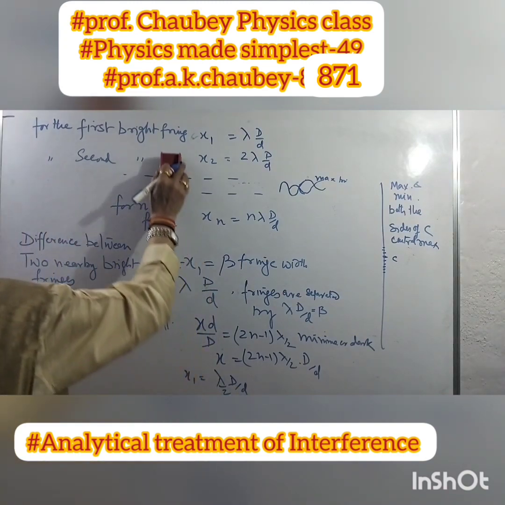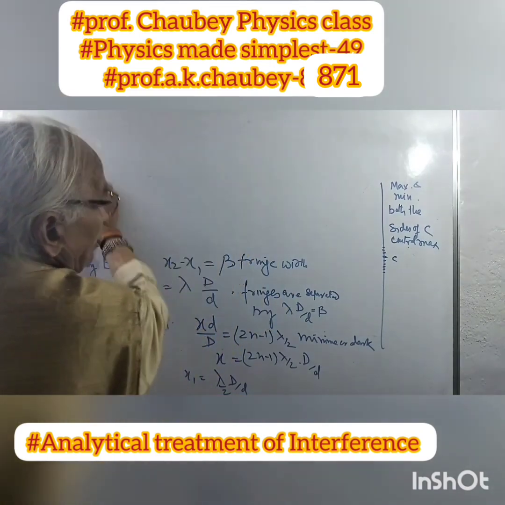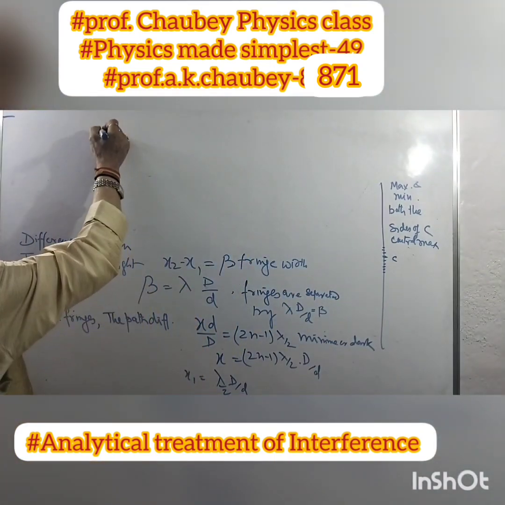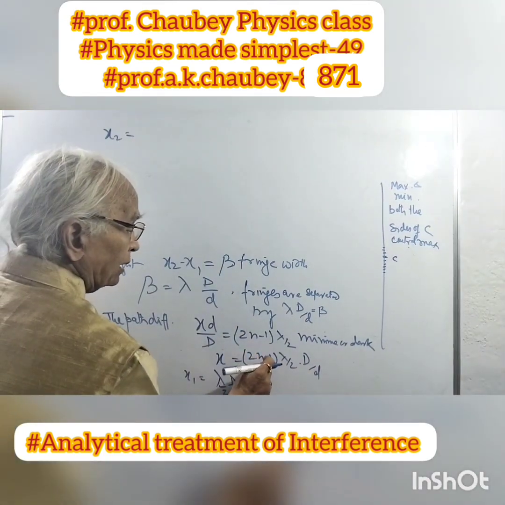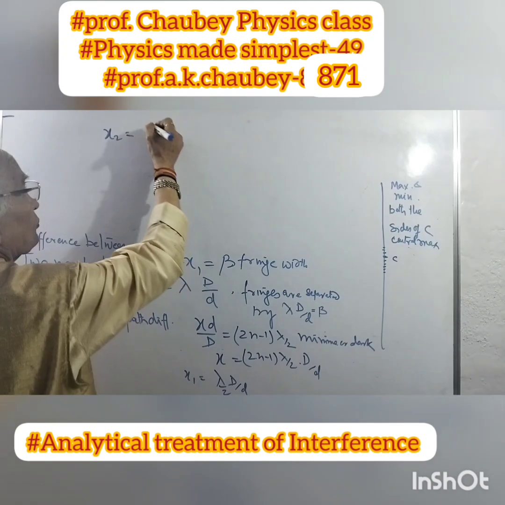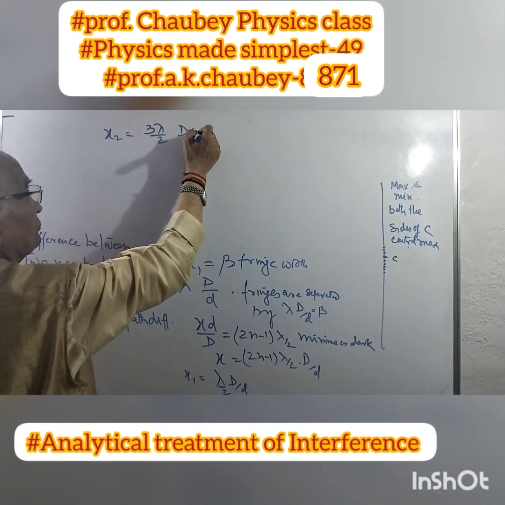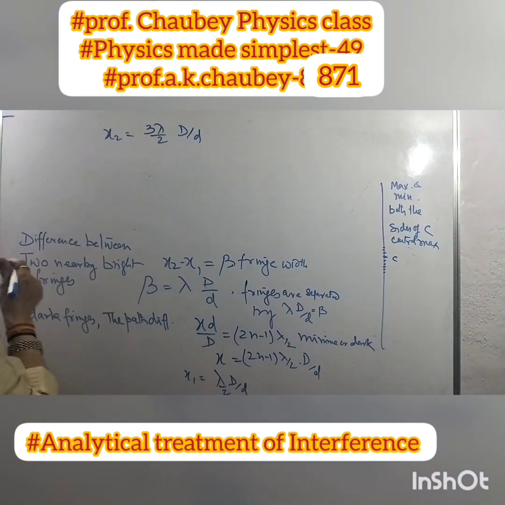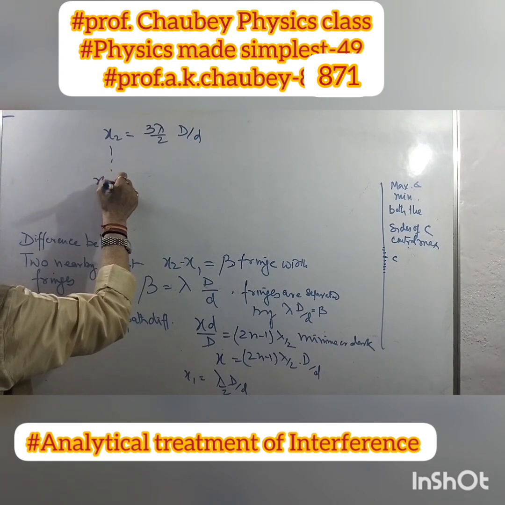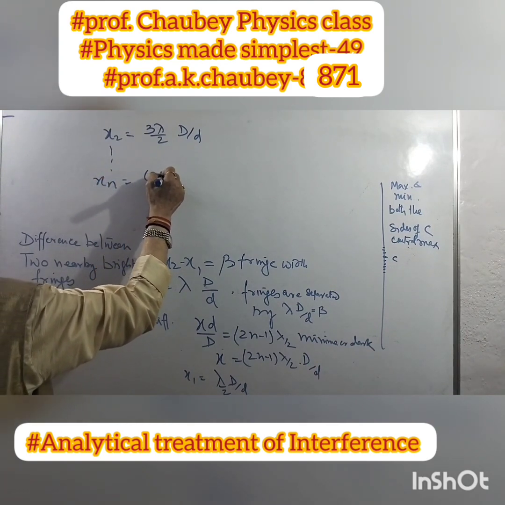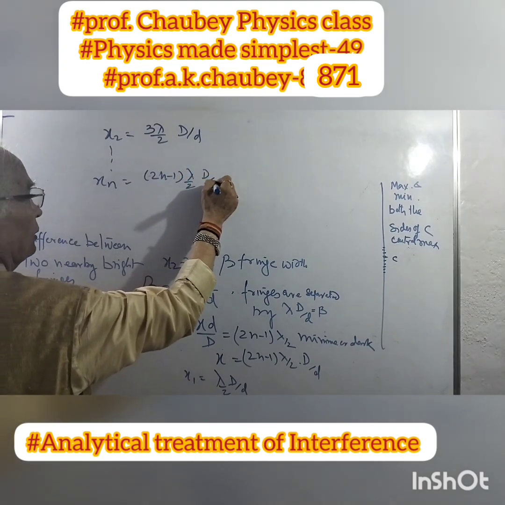Like this you can get the values for x1, x2 or xn for the dark fringes also. x2 is n equal to 2, 4 minus 1, 3 lambda by 2 and D over d, and so on. So xn is equal to 2n minus 1 lambda by 2 and D over d.